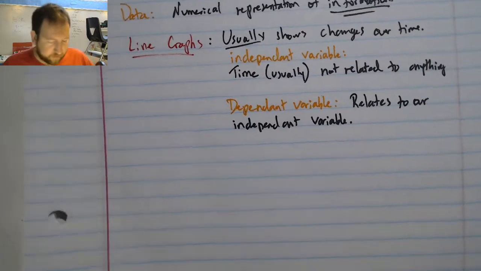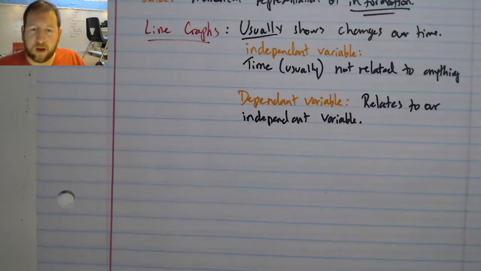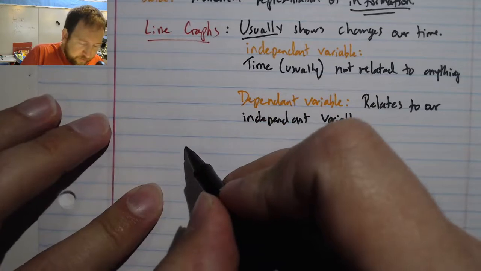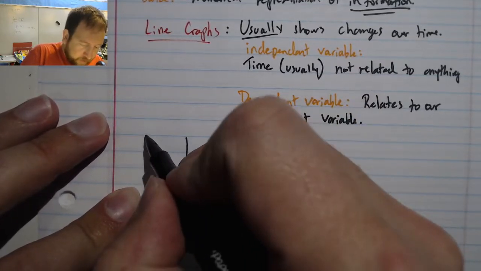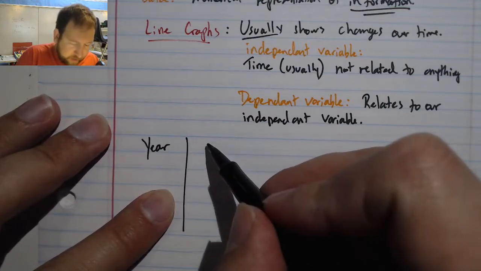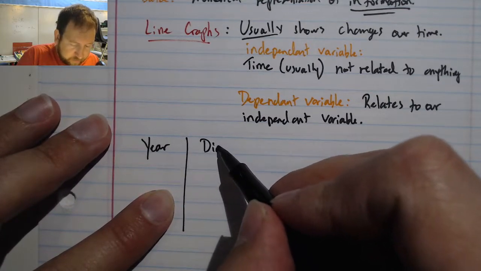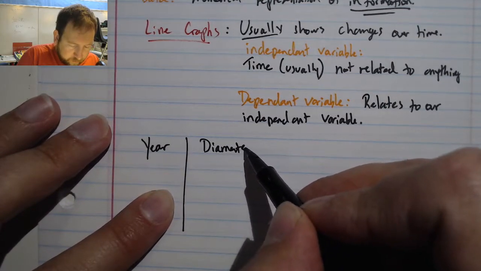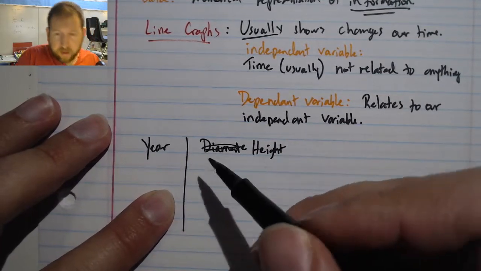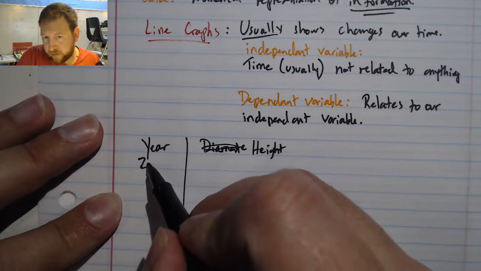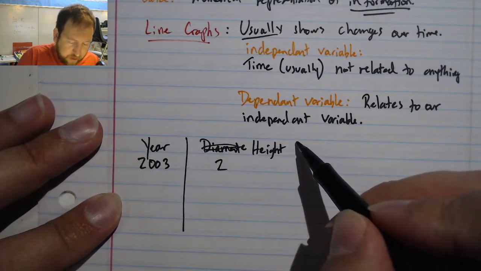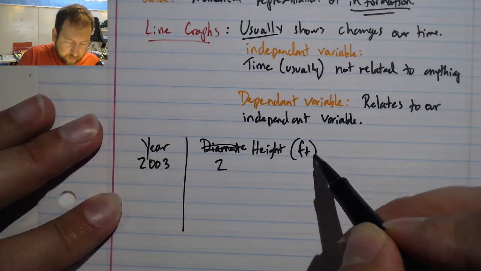Let's look at an example. If I gave you some data here about tree growth, let's say we have our little T-chart. We're going to call this our year, and we're going to call this the height of the tree. We'll start at year 2003. Its height is 2, and this is in feet.